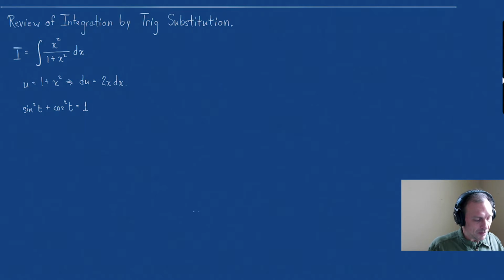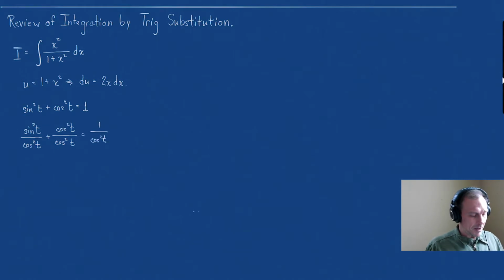Let's divide both sides by cosine squared of t. Then I have sine squared of t over cosine squared of t plus cosine squared of t over cosine squared of t equals 1 over cosine squared of t.